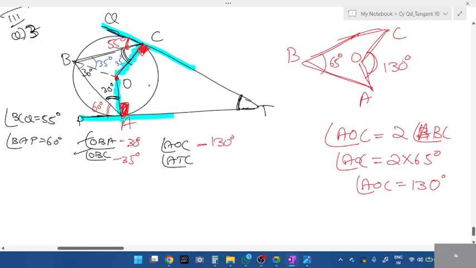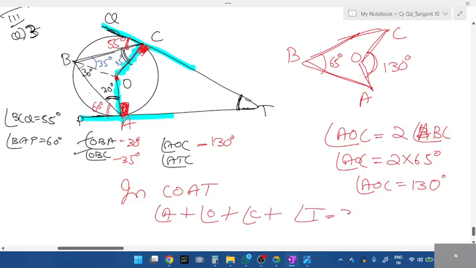If this is 130, see, in the quadrilateral, which one? Which is the quadrilateral you have to take? COAT, right? Yeah, in COAT, observe the COAT. In that, what is angle A and angle C? Angle A plus angle O plus angle C plus angle T is equal to 360. Completed.